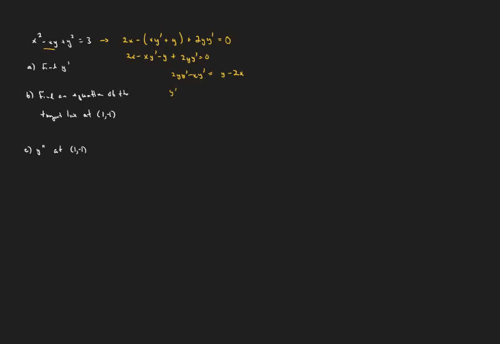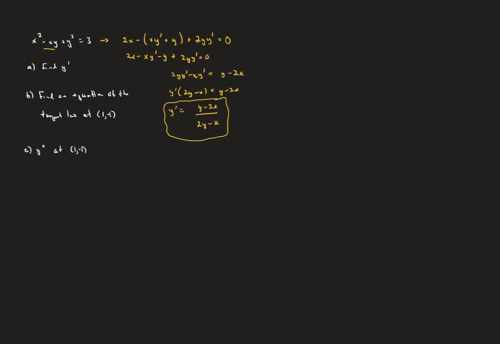Now we can factor out the y prime, leaving behind 2y minus x, and we still have our y minus 2x on the other side. So finally, solving for y prime, we divide by the 2y minus x to the other side, and this is our expression for y prime, the derivative.